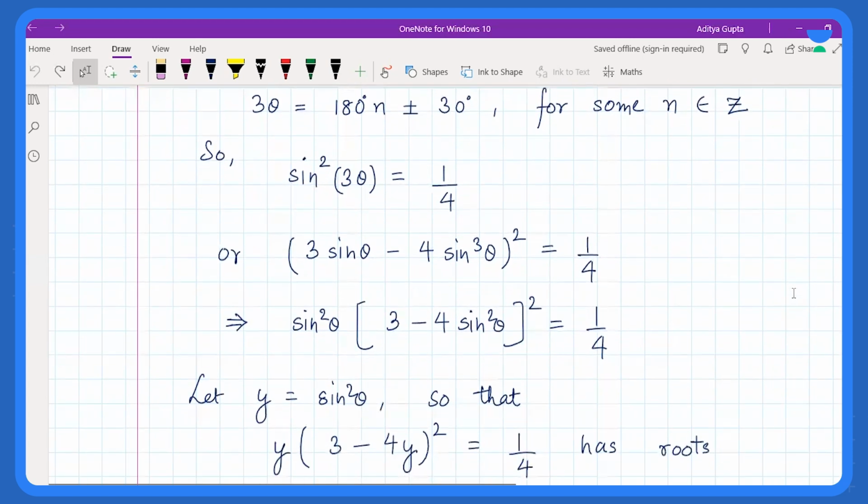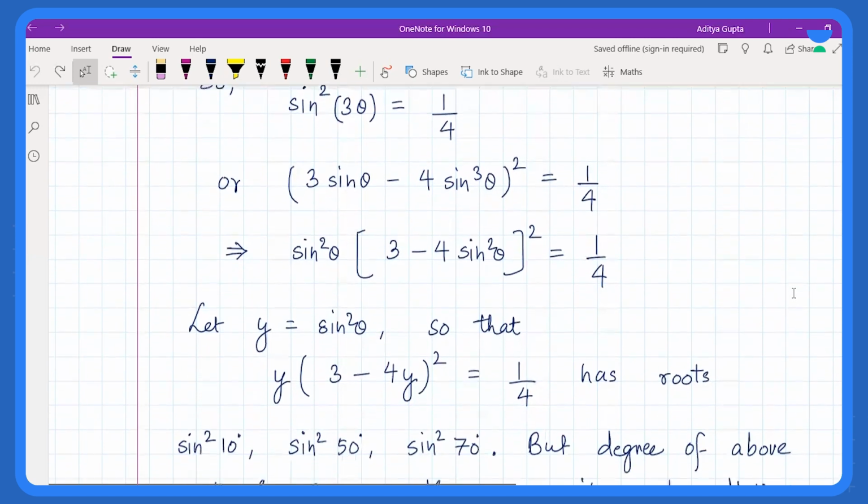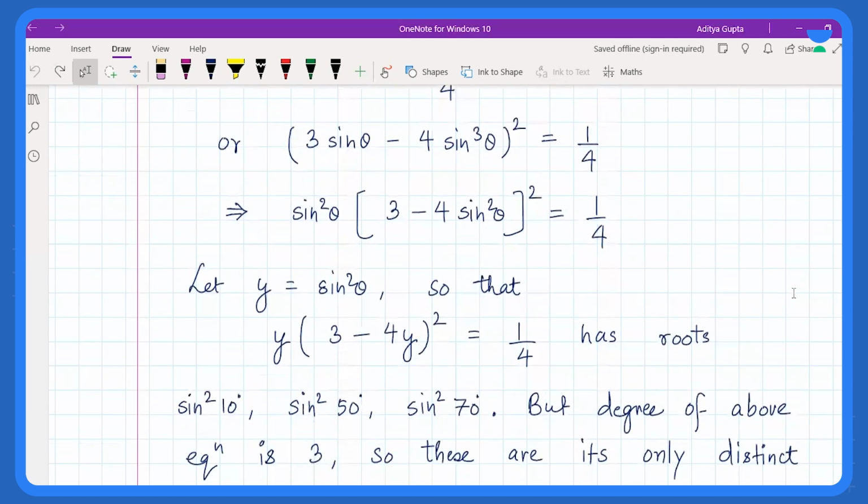Now we do an important substitution, which is y is equal to sine square theta. Once we do this substitution, we get the entire equation in y as written here: y into 3 minus 4y whole square is equal to 1 by 4. Since the original equation had roots theta equal to 10 degree, 50 degree, 70 degree, this equation after the substitution in y will have the roots sine square 10 degree, sine square 50 degree, sine square 70 degree.